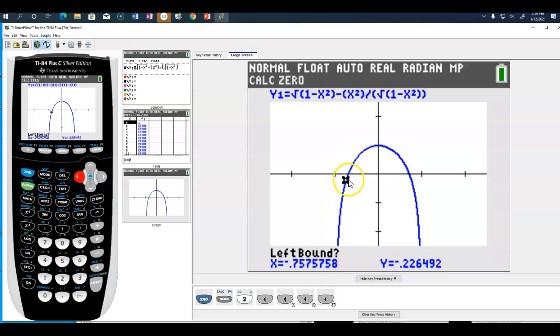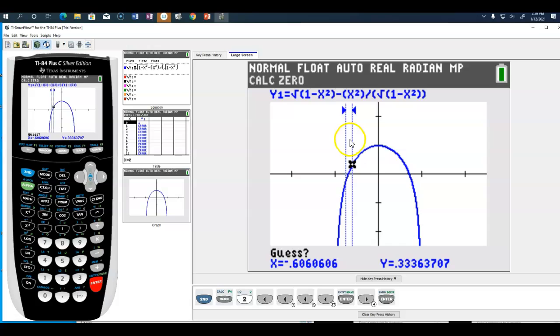But now I've got my cursor to the left of that root, and then I'm going to push enter. And that sets up like a barrier right there. Now it says right bound, so now I'm going to move my arrow to the right until my cursor is to the right of that dot as well. I'm going to push enter again. And what that does is it creates a barrier.